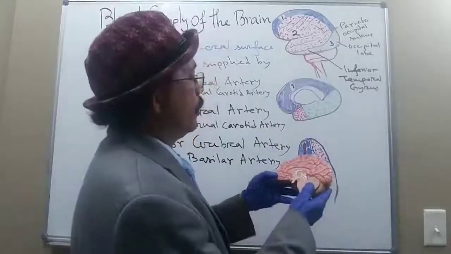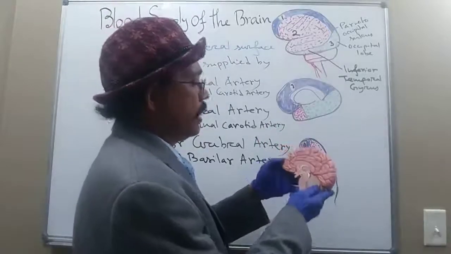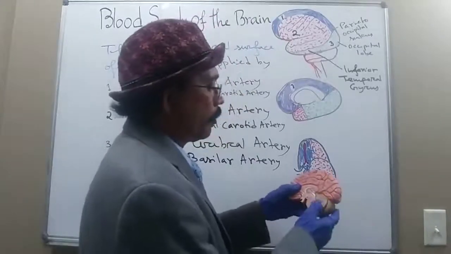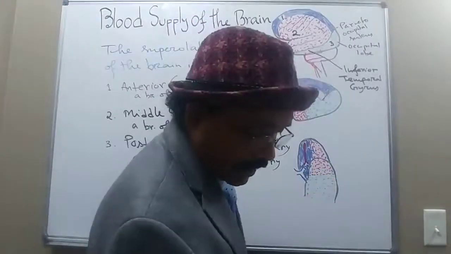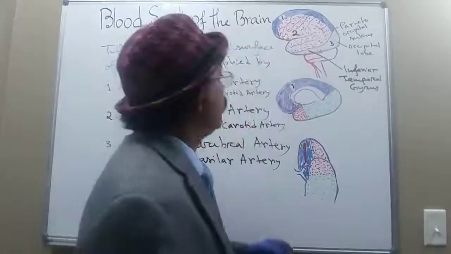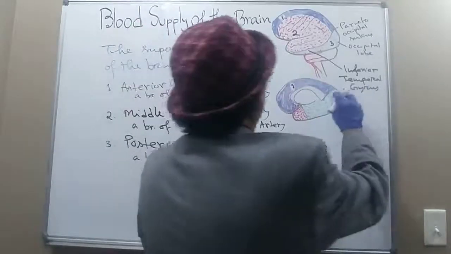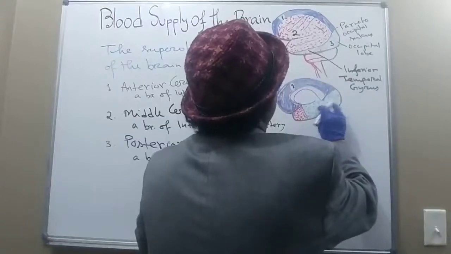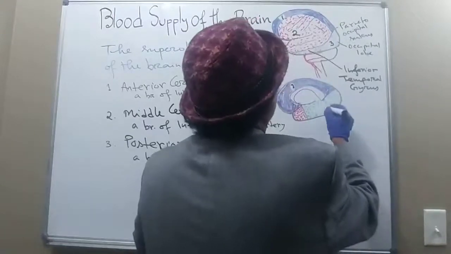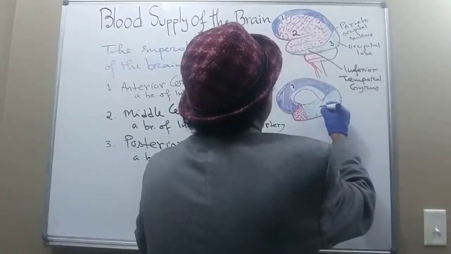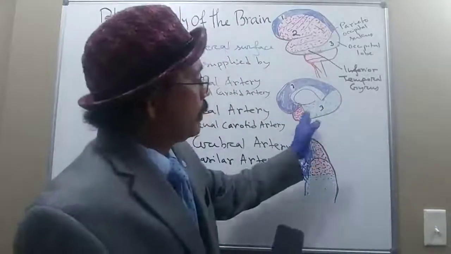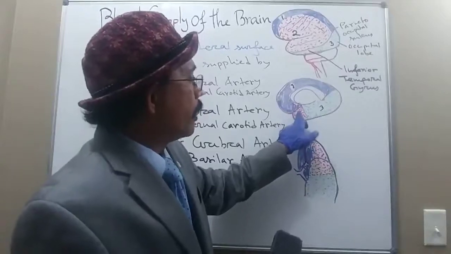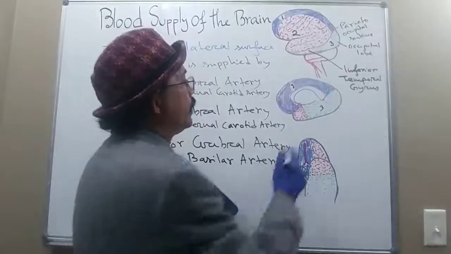And how about the rest of the medial surface? Below the corpus callosum, we have this area, which is supplied by the posterior cerebral artery, number 3. This part is supplied by the middle cerebral artery.